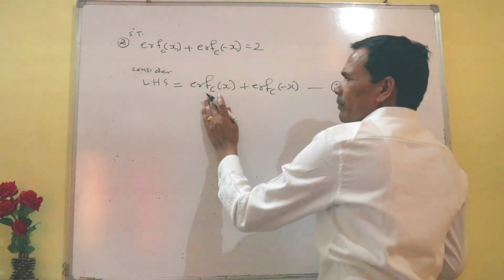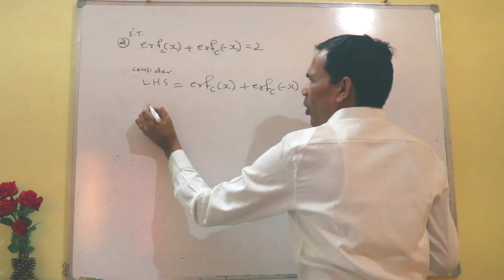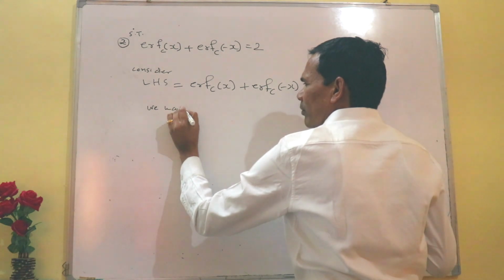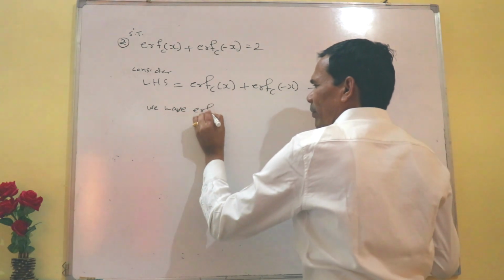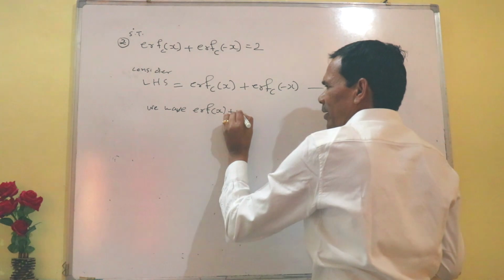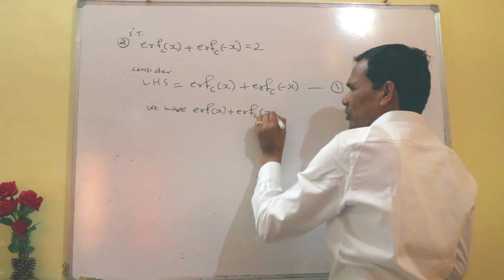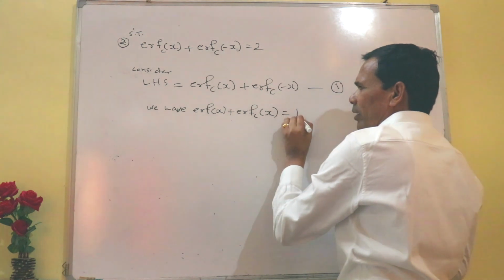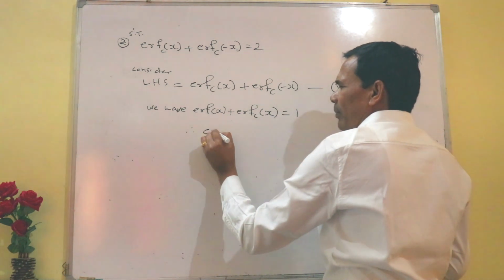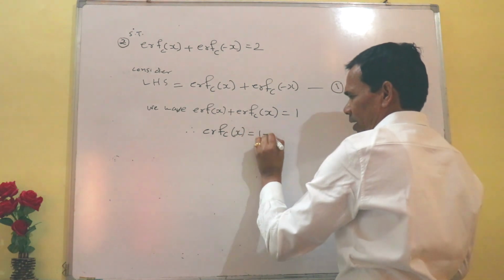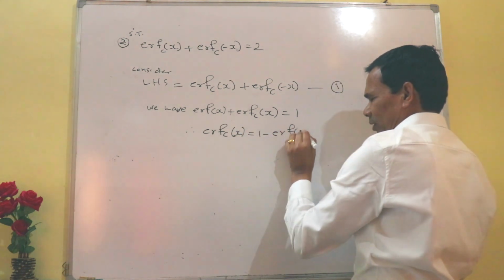Now I use the property: the error function of x plus the complementary error function of x is equal to 1. Therefore the complementary error function of x is equal to 1 minus the error function of x.